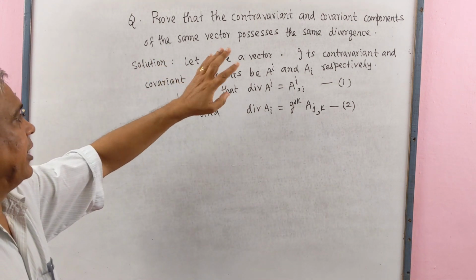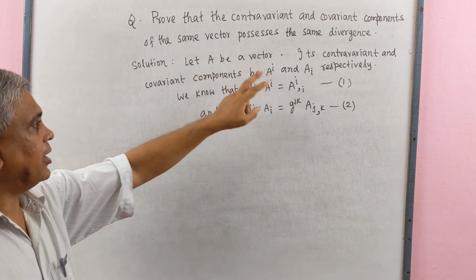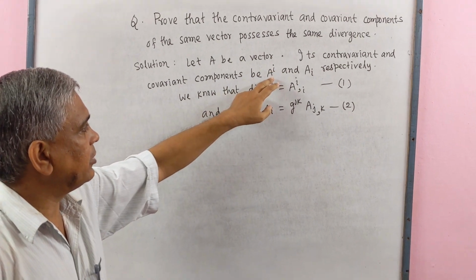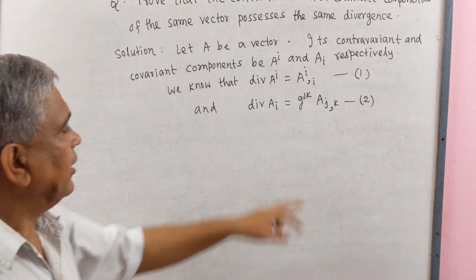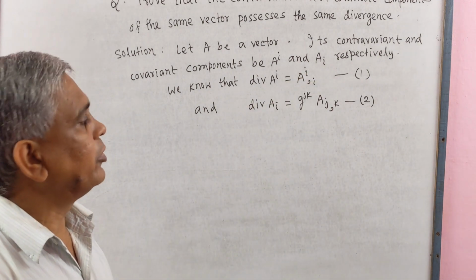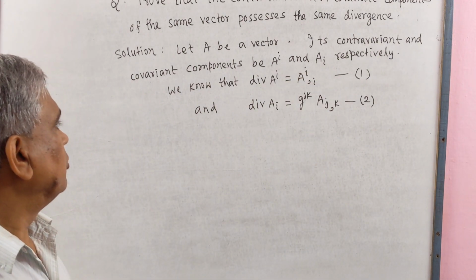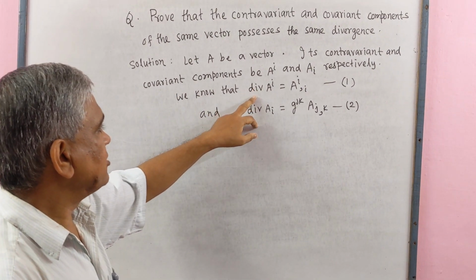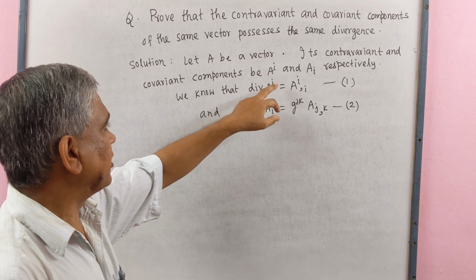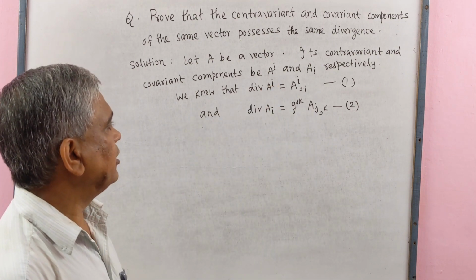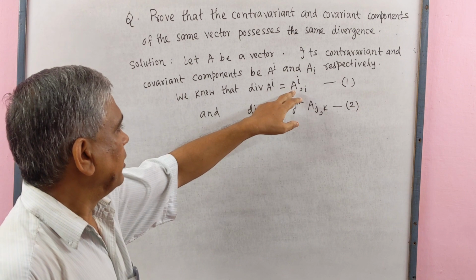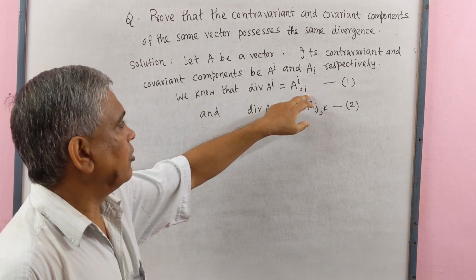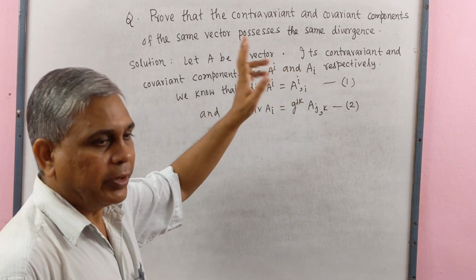Let A be a vector, with contravariant components A^i and covariant components A_i respectively. We know from the definition that the divergence of the contravariant vector A^i equals A^i comma i, the contraction of its covariant derivative.